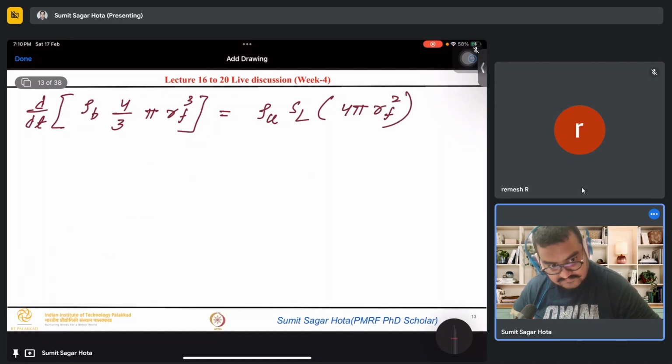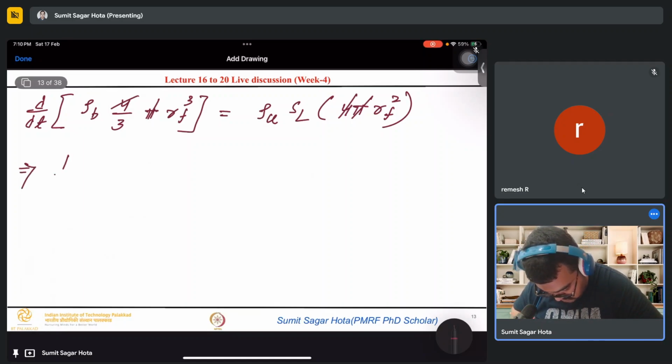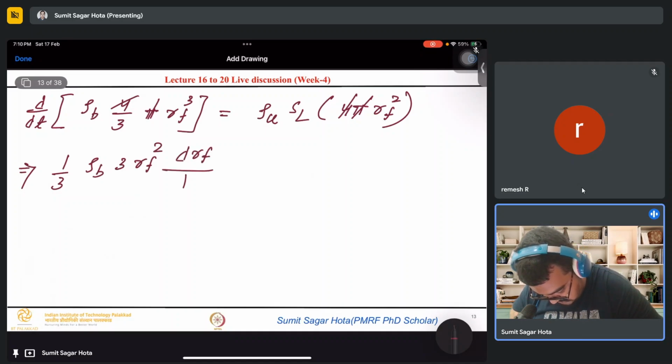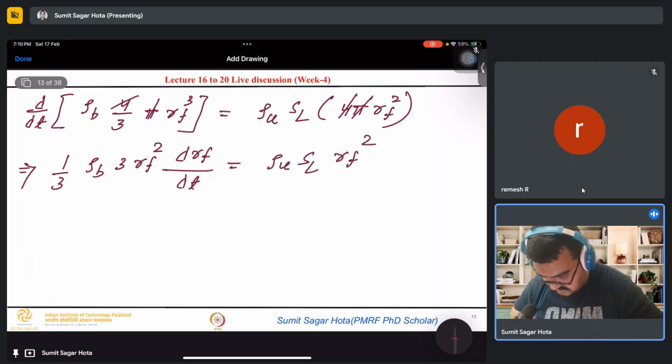Now 4 gets cancelled, pi gets cancelled. Just take the derivative. 1 by 3 rho b times 3 rf square drf by dt is equal to rho u SL rf square.